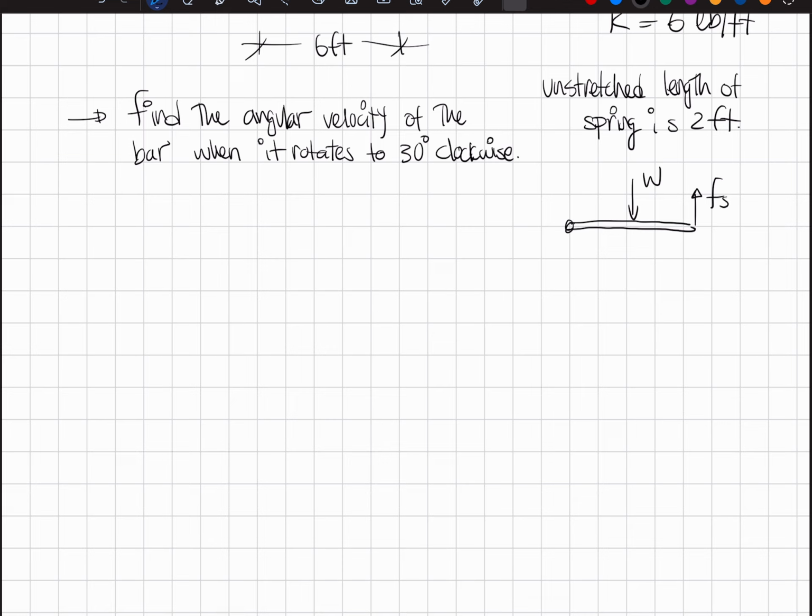And then I have the final configuration. So I get something that looks like this. There is, again, a spring force that is pulling up. There is a 30-degree angle, and there is also this W that is being constantly applied.